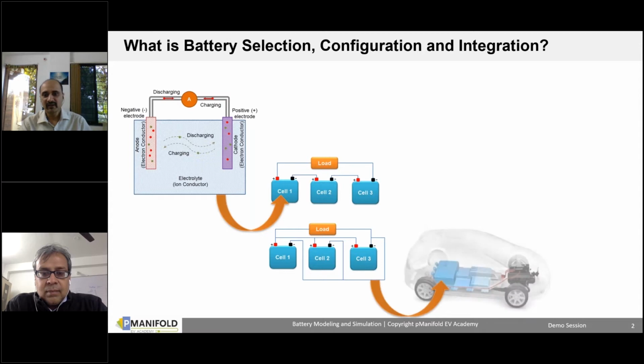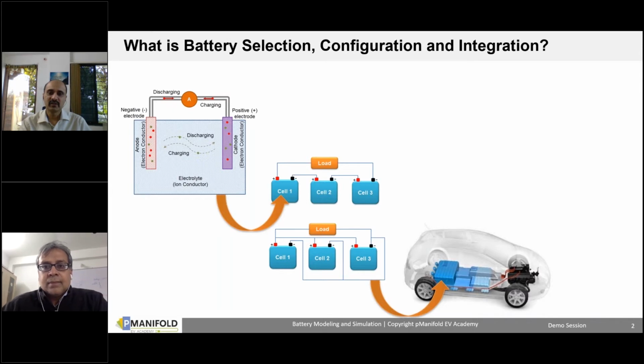And this battery pack will be integrated into the rest of the vehicle. The battery pack is supposed to provide power to the traction unit or the motor, and also to the auxiliaries like HVAC, a vacuum pump for boosting the brake pressure in four wheelers, and then also illumination, which is common across all vehicles.